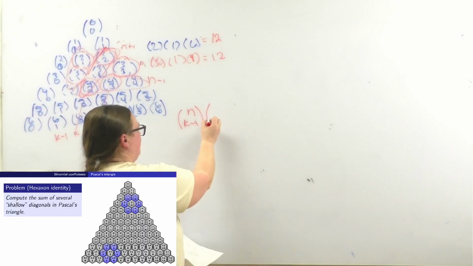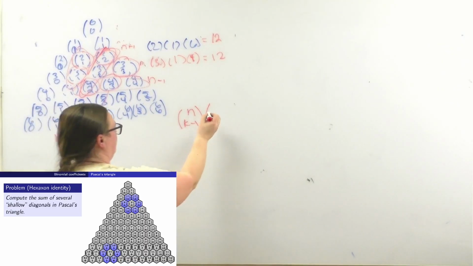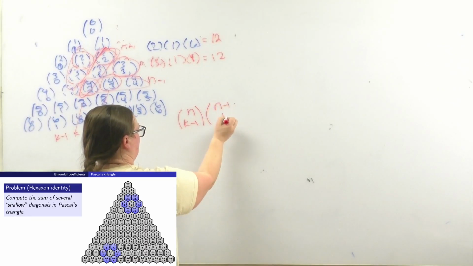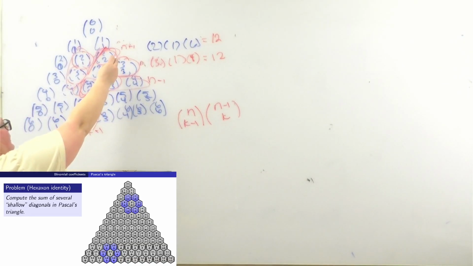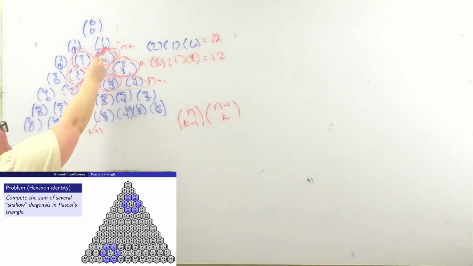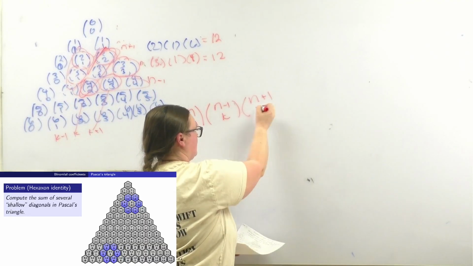If we multiply that by row n minus 1 and pick row k, that gives me n minus 1 choose k. Now we need k plus 1, so that's this diagonal, and n plus 1. For some reason they're not adding up, but they should. And we get n plus 1 choose k plus 1.